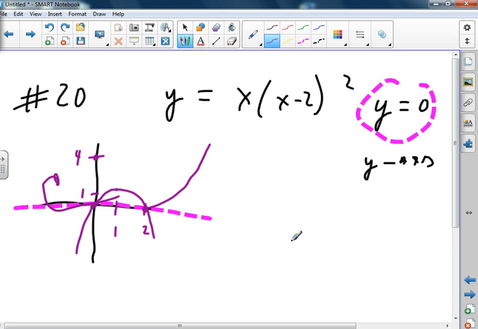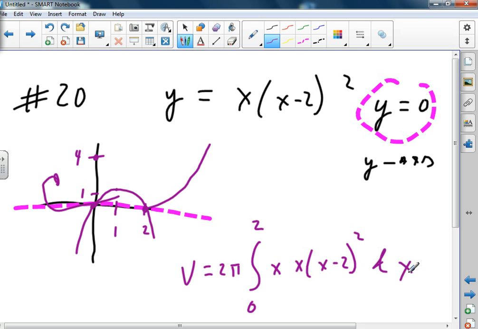When I rotate around the y-axis, the volume is 2 pi integral from 0 to 2, x times the function of x, so that'd be (x minus 2) squared dx.